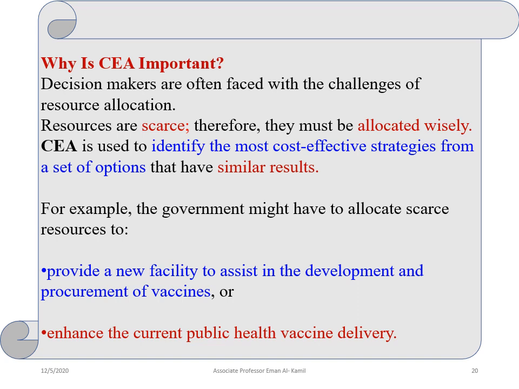For example, the government might have to allocate scarce resources to provide a new facility to assist in the development and procurement of vaccines. أما يعني عندنا خيارين، أما تختار أنه نعمل فد ترتيب جديد حتى ننتج بعض الفاكسين الجديدة أو نحسن الفاكسين الجديدة، أو enhance the current public health vaccine delivery، أو نحسن من الدليفري من تصريف الفاكسين الموجود اللي عندنا.